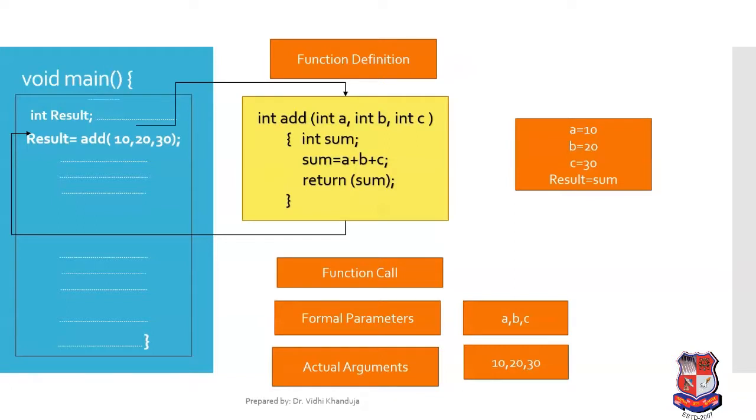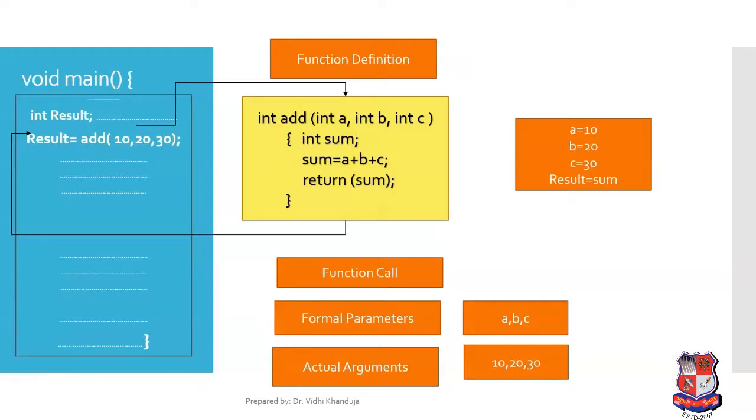Clear? Now, within the main, we have included one variable result. The result will store the value that sum is going to return. And then we are calling a function. Now, this is a function call. The name of the function, and within the brackets, you are writing the actual arguments. In this case, I have written 10, 20, 30.